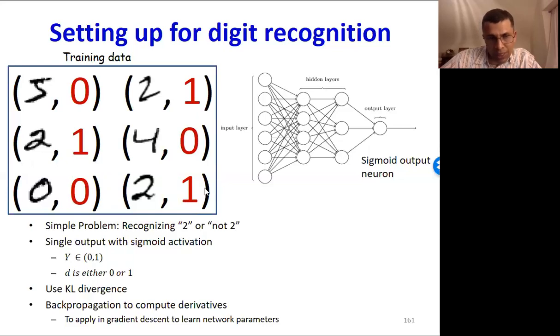We saw that we would use the Kullback-Leibler divergence in this setting. We would pass each training instance through the network, propagate the derivatives backward using backpropagation, and compute the derivatives for all of the parameters in the network. We'd accumulate these derivatives over all of this data and apply them within gradient descent to learn network parameters.